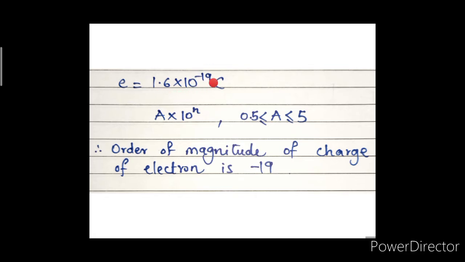Hence n represents the order of magnitude. Here the value of n we are getting is minus 19. So we write the answer: order of magnitude of charge of electron is minus 19. Simply you can write the answer directly like this, or you can give the entire solution also.